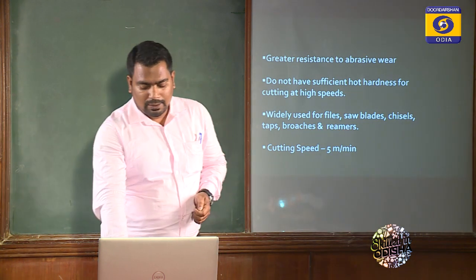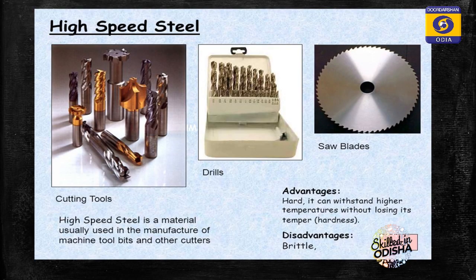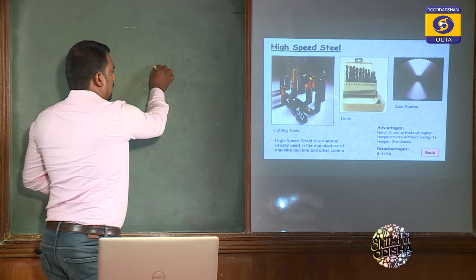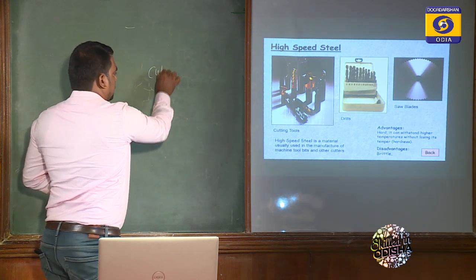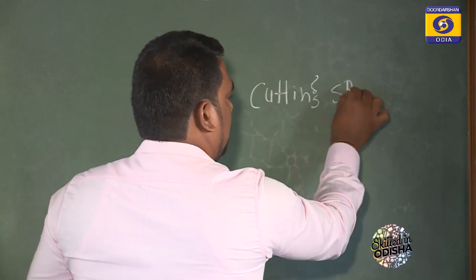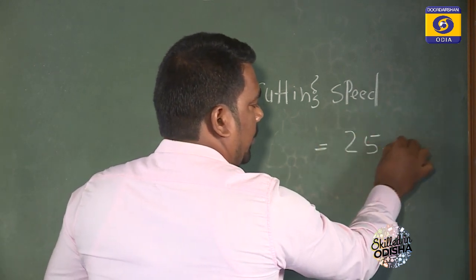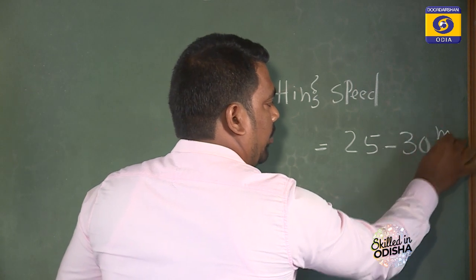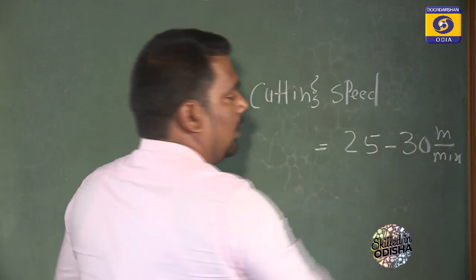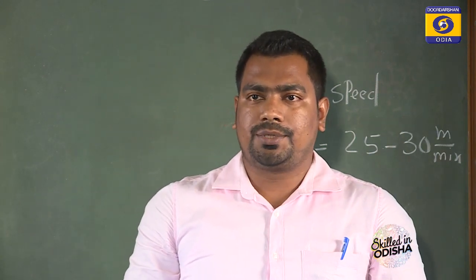So we developed high speed steel, which has a cutting speed of nearly 25 to 30 meters per minute. Previously we had 5 meters per minute, that of high carbon steel.